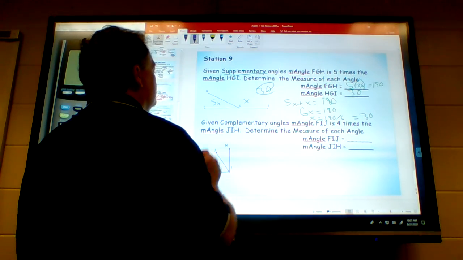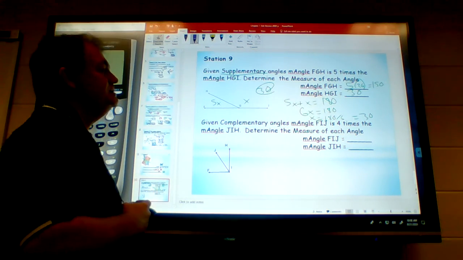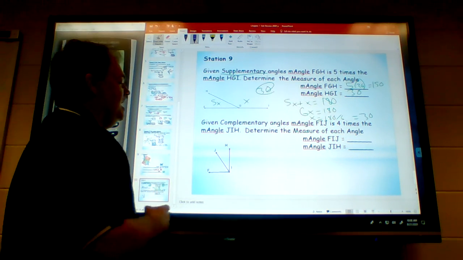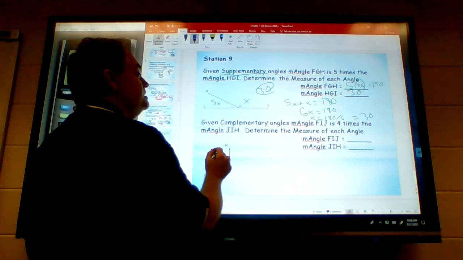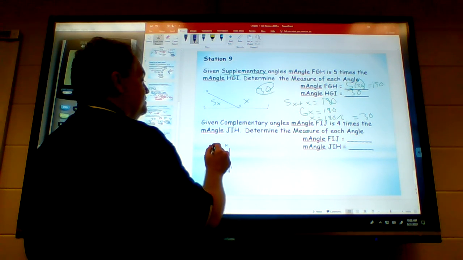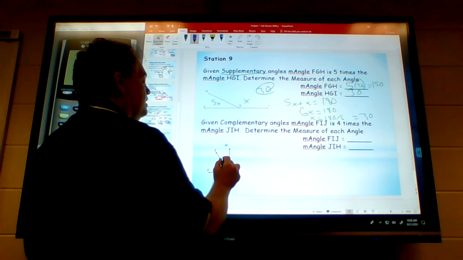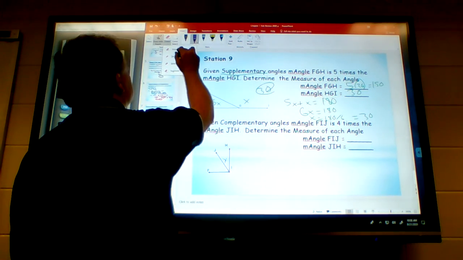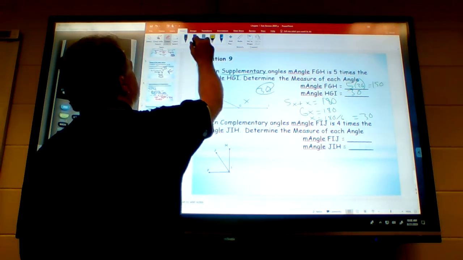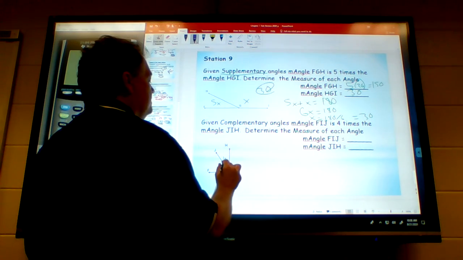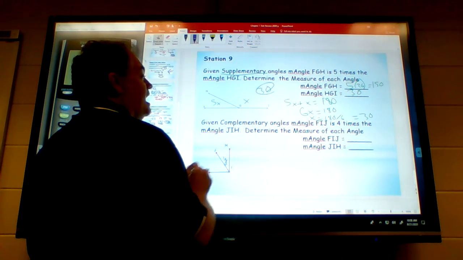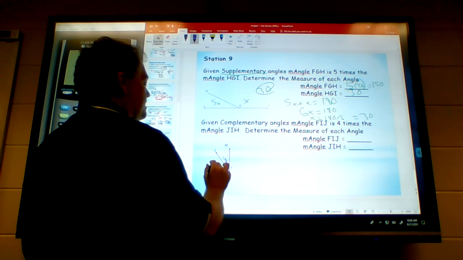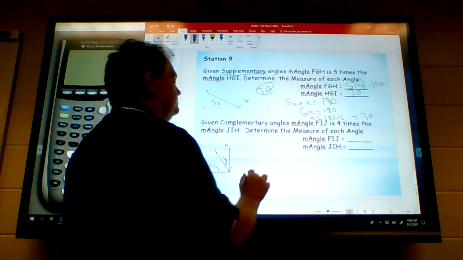Here's what we're given. We're given 2 complementary angles. The measure of angle FIJ right here is 4 times the measure of JIH. So JIH is smaller. We'll call it Y. Let me redo that. We'll call that Y. And then FIJ is 4 times that, so it's going to be 4Y.